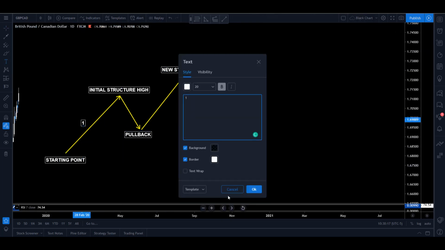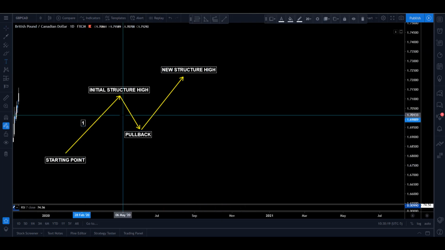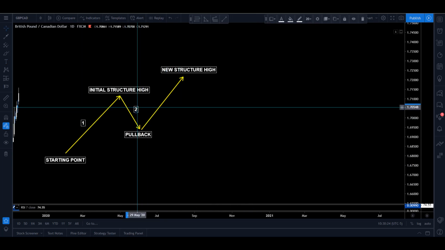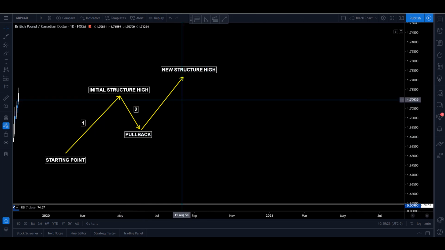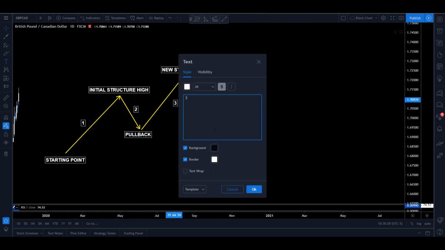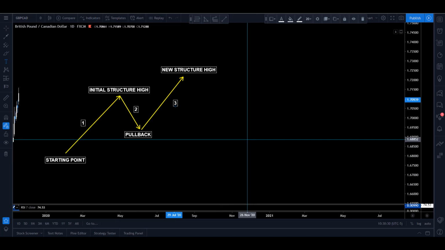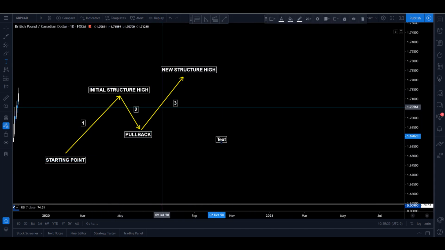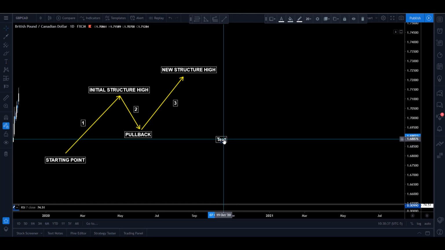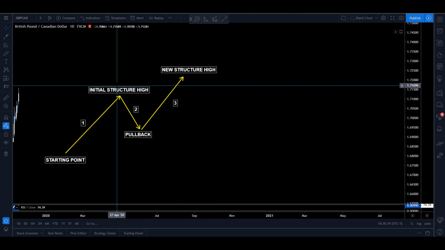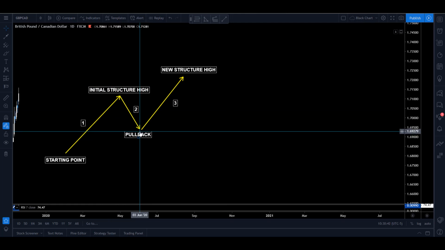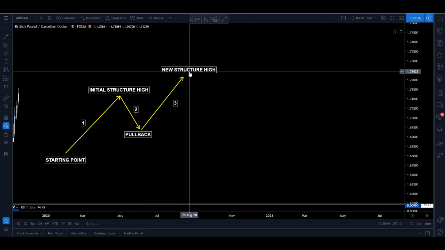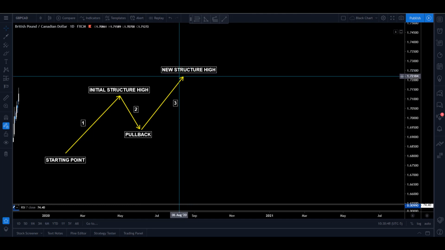Move 1, move 2, put on this side of it, and then move 3. Starting point to new structure, to initial structure high, initial structure high to pullback, retracement, outside return, whatever you want to call it, and then another extension forward or upward, giving us a new structure high.